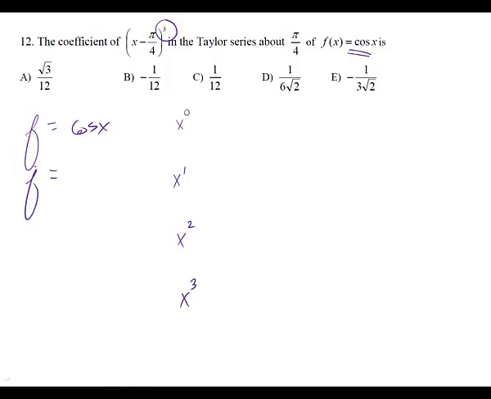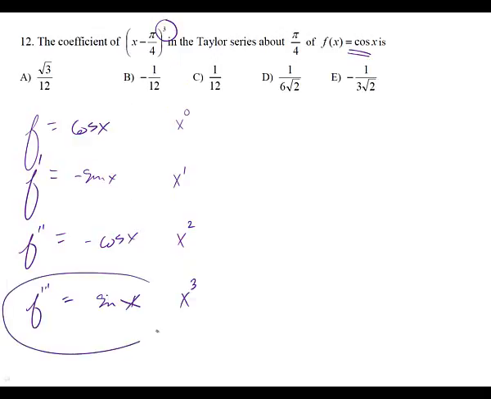So what's the first derivative? Negative sine x. And the second derivative is negative cosine x. And then the third derivative is sine x. What I'm going to do from there is I really don't need to mess with this other stuff.